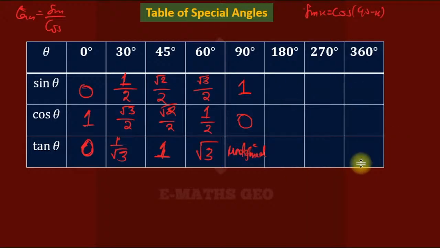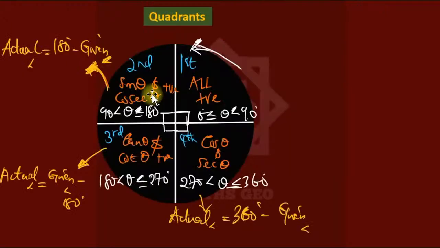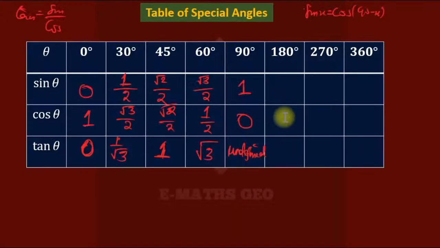Let's now complete it. We now move to the quadrants: 180, second quadrant, third quadrant, fourth quadrant. In the second quadrant, the actual angle to use is 180 minus the given angle. Now 180 happens to be the given angle, so 180 minus 180 is 0, so the equivalent is 0.